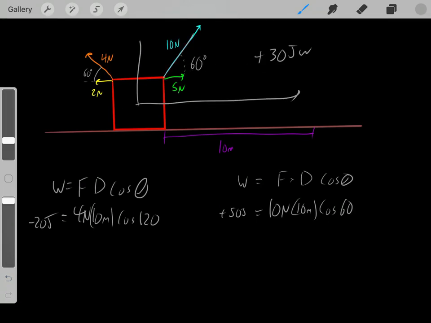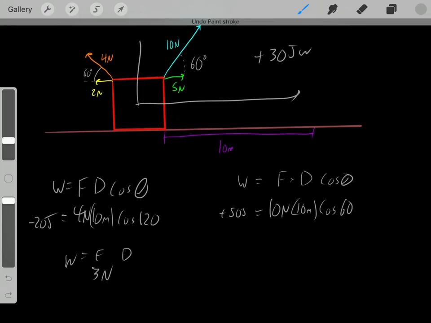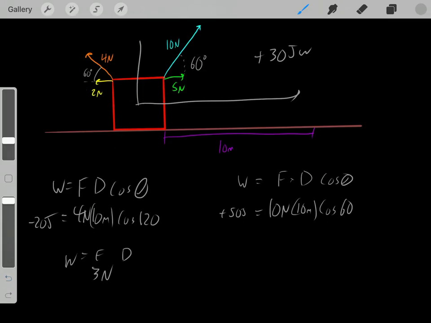Because this one had positive 5, and this one had 2 in the opposite direction. So in total there were 3 newtons in the direction of motion. Work equals force times distance. It was done for 10 meters, so this would give you positive 30 joules of work, which matches what we solved.